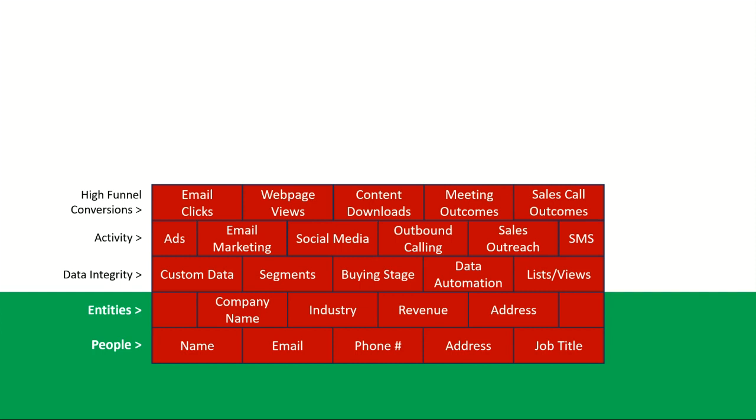And likewise, your sales team, as they're doing their calls, those calls have outcomes as well. And all of that rolls up into the next goal, which is to have low funnel conversions, getting you closer to that revenue number. The bottom of the funnel is where they are close to becoming a customer.